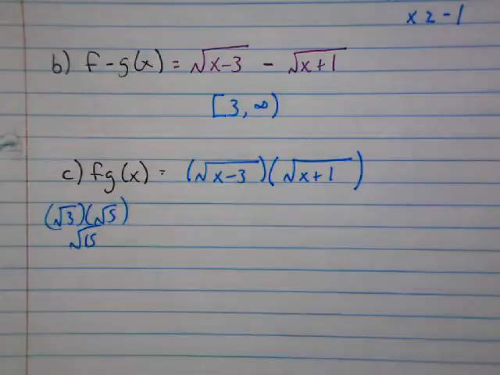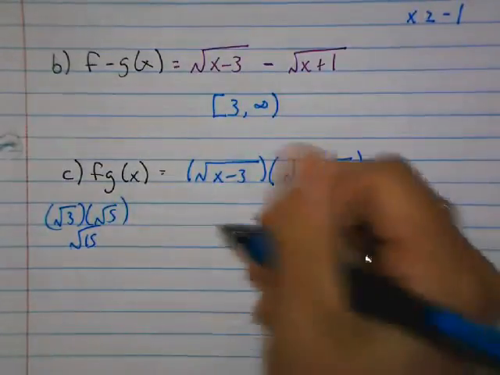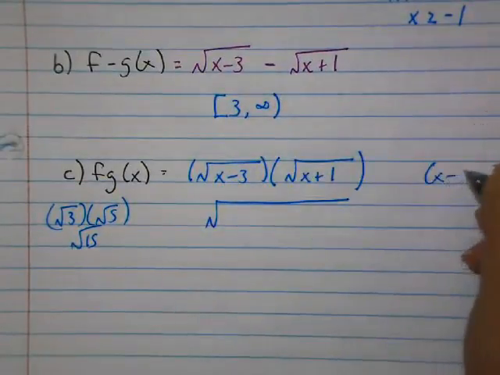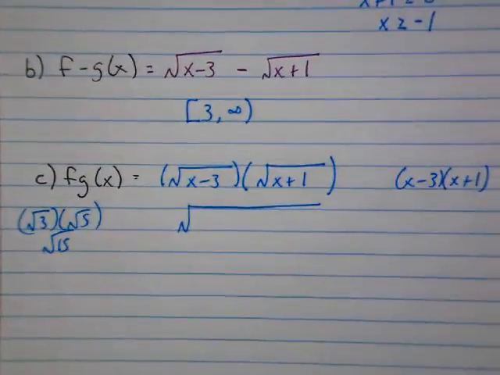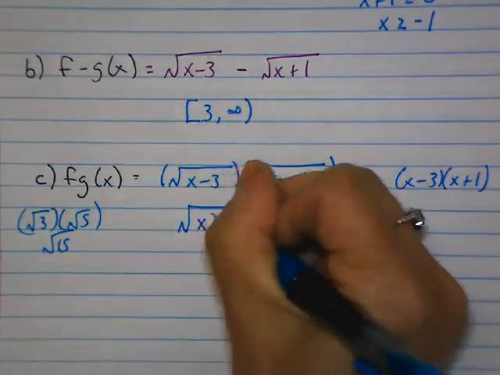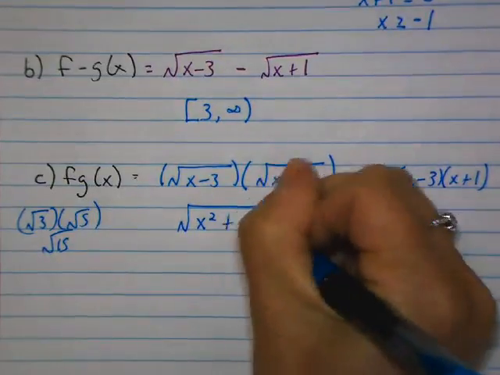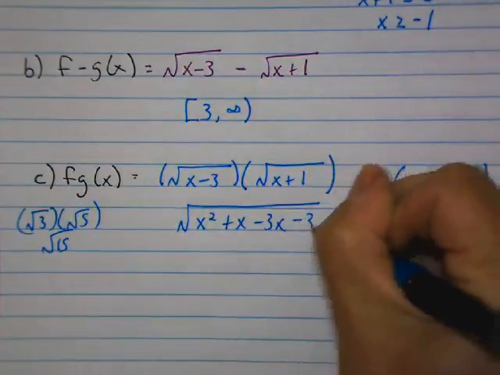So what I need you to do is multiply x minus 3 times x plus 1. You're either going to box it or FOIL it, whatever you need to do. So I'm going to FOIL first: x squared, outer plus x, inner minus 3x, last minus 3. So I get x squared minus 2x minus 3.